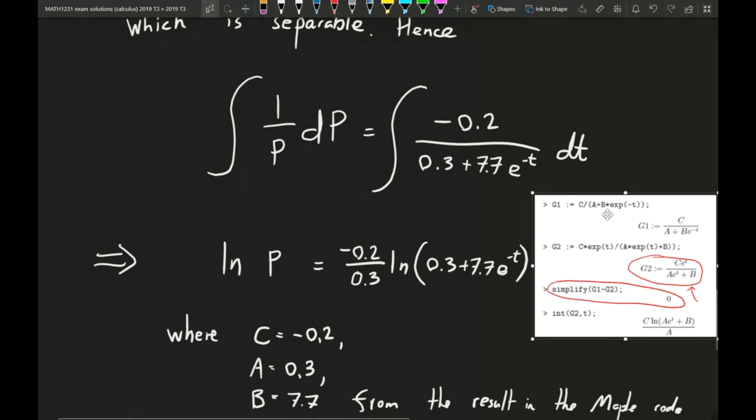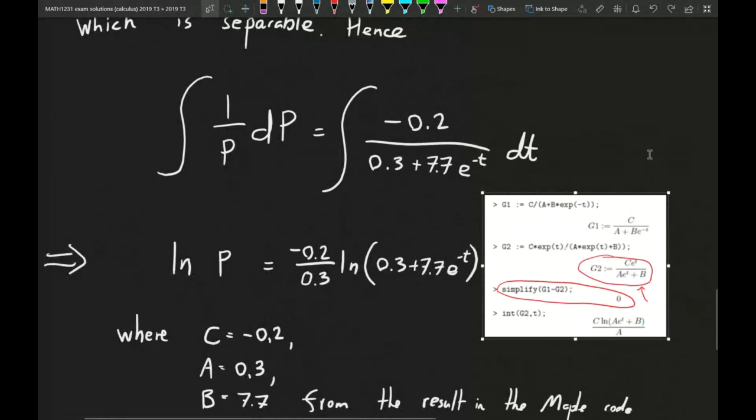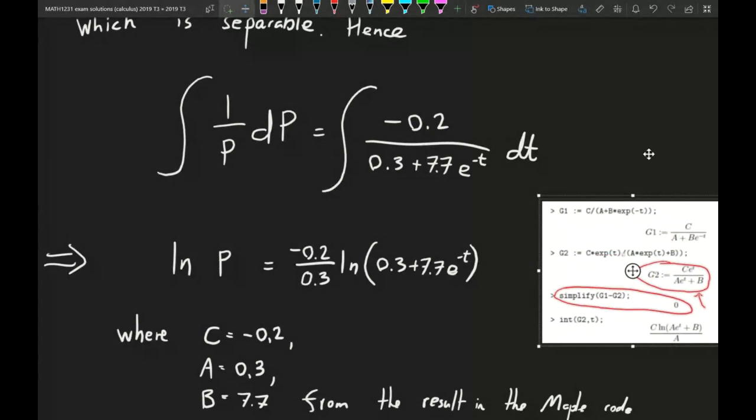And integrals are only done up to constants. Oops. So I need more space. It's up to a plus c. Oh, okay, I shouldn't choose c because c was already used, plus d.